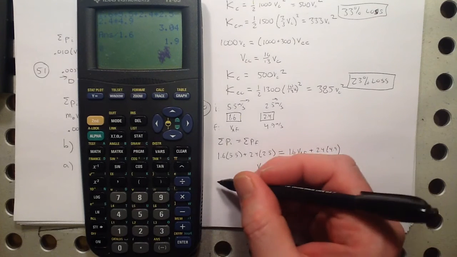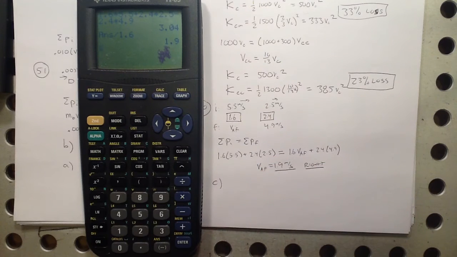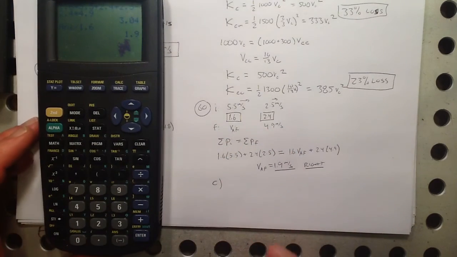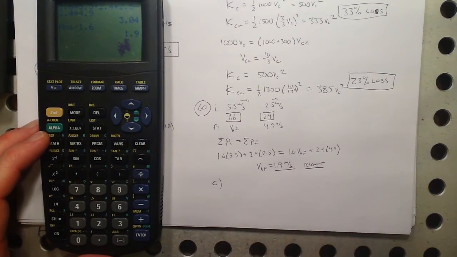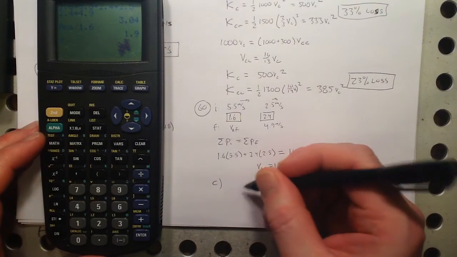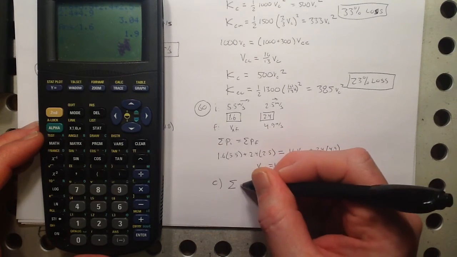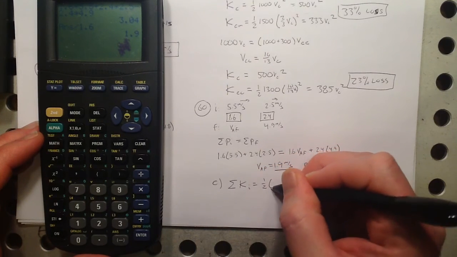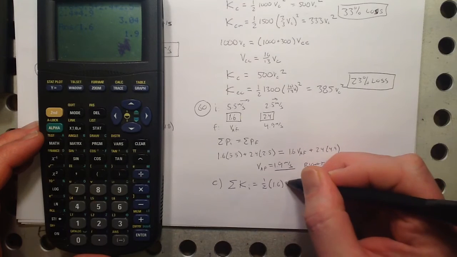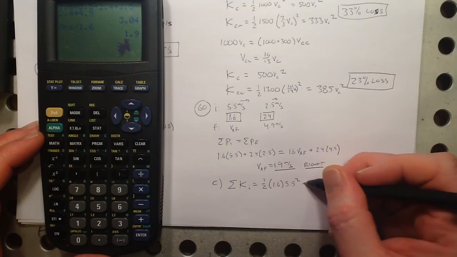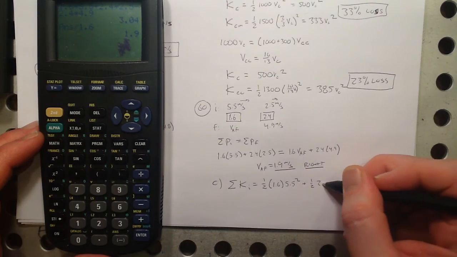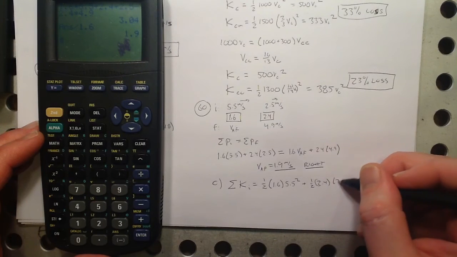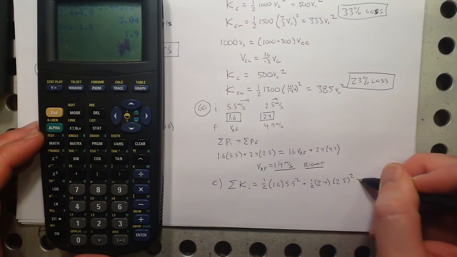And part C, they want to know, is the collision elastic? Well, if it's elastic, then kinetic energy is conserved. So we just have to check those kinetic energies and see. So the kinetic energy before is 1/2 m v squared plus 1/2 m v squared.